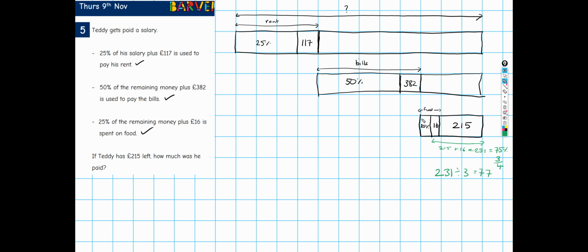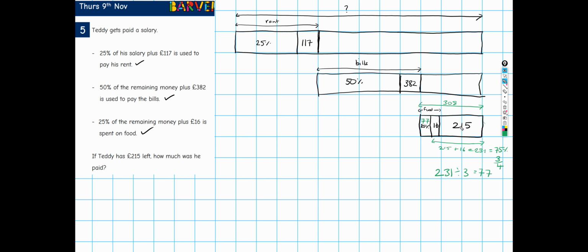So this has a value of 77. Okay. And if I add 77 to 231, or I multiply 77 by 4, I am going to get 308. Okay. And that is the value of this whole bar. This whole bar here has a value of 308.